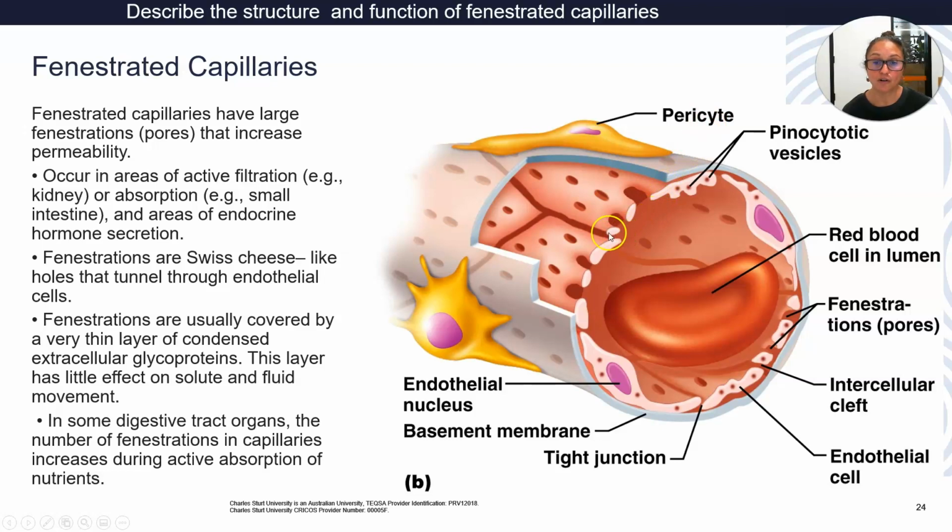Because we can go via this gap, through this pore, or we can go through the actual endothelial cells. So that's used in certain spots.